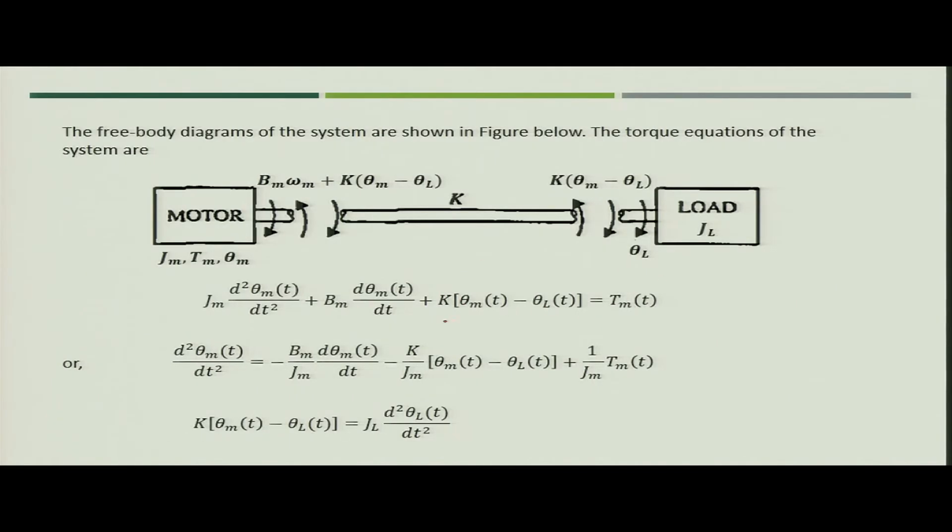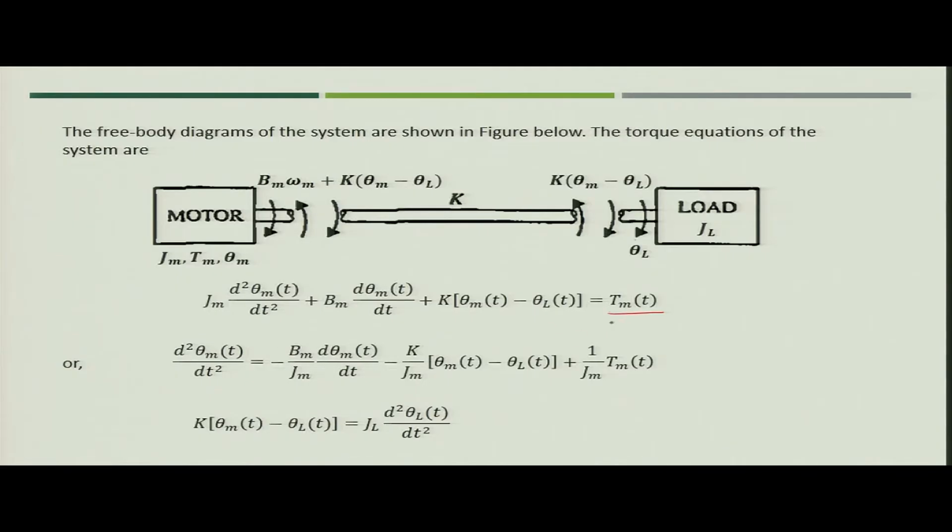When you rearrange, you take Tm at the right side and the other components on the left side. So, the equation from the motor side you can write: Jm d2 theta m by dt2 plus Bm d theta m by dt plus K (theta m minus theta L) equals the torque applied by the motor.